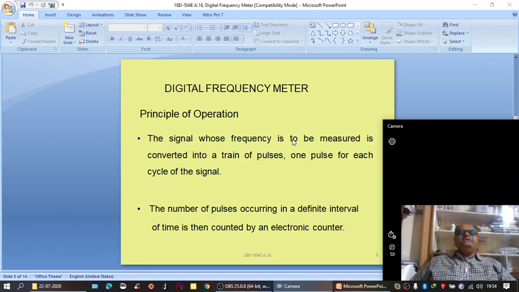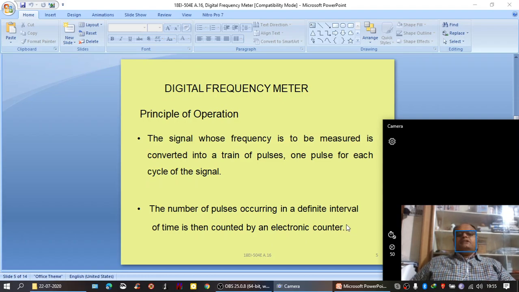The signal whose frequency is to be measured is converted into a train of pulses, one pulse for each cycle of the signal. The number of pulses occurring in a definite interval of time is then counted by an electronic counter.